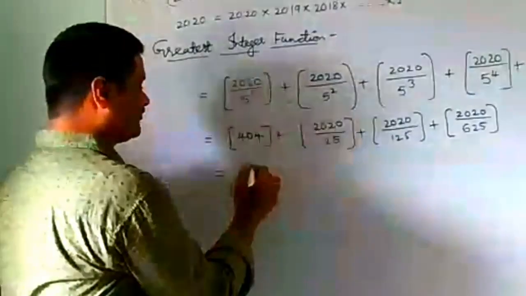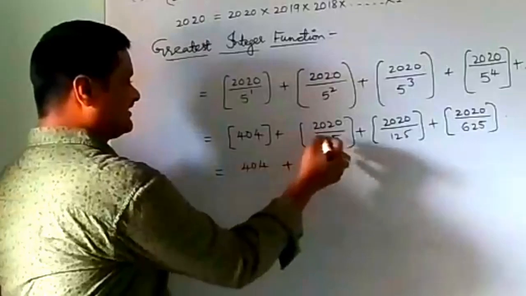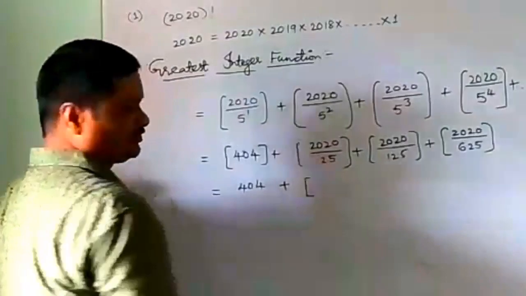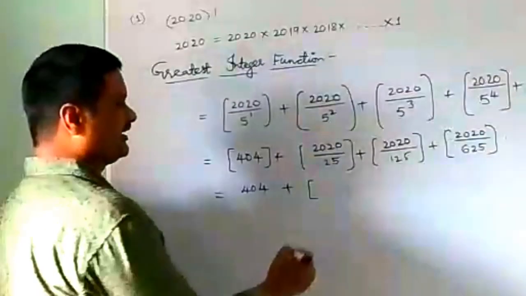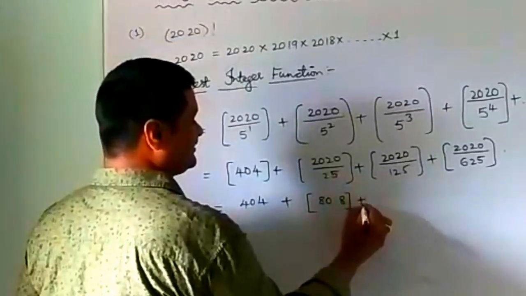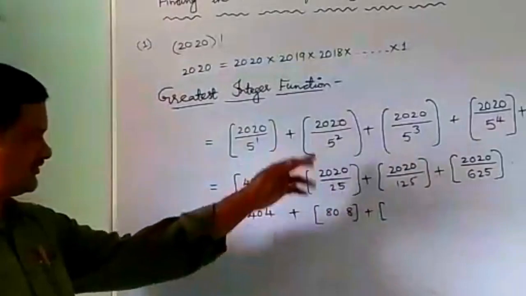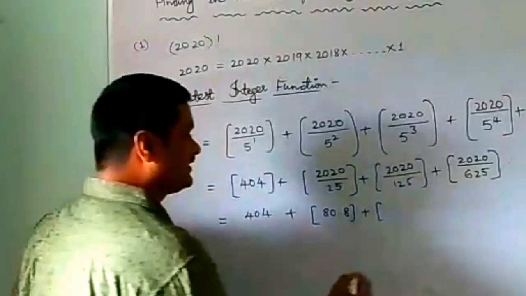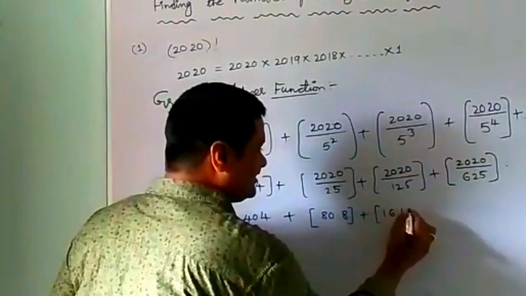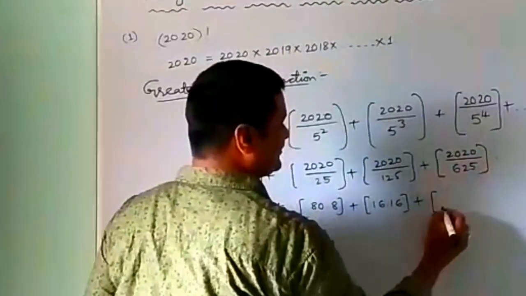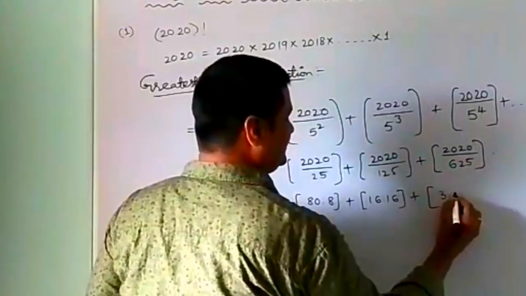Next, dividing 2020 by 25, we get 80.8. The greatest integer function of 2020 divided by 125 gives 16.16, and dividing 2020 by 625, we get 3.2 something.